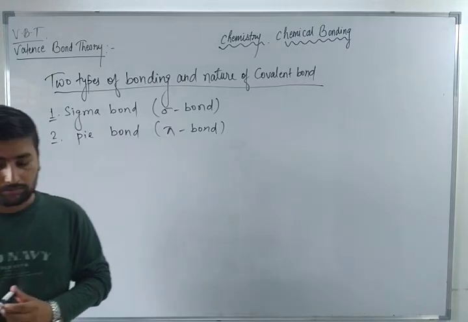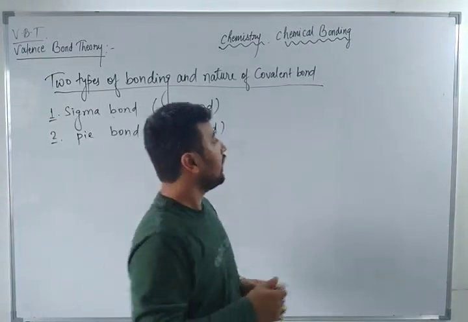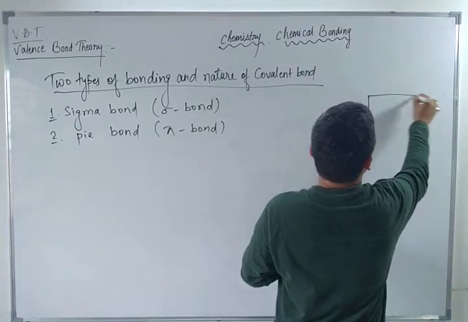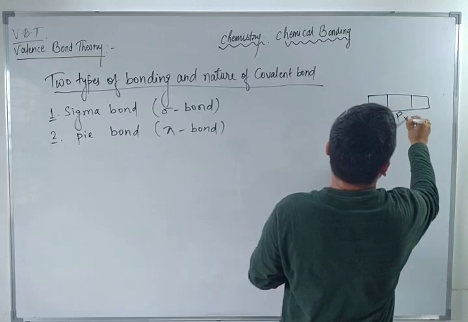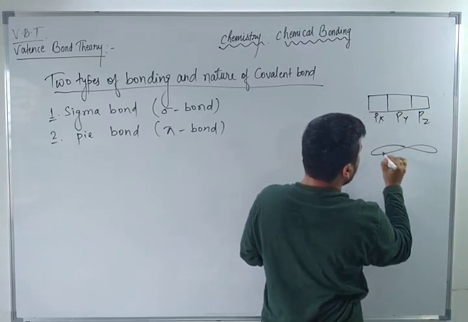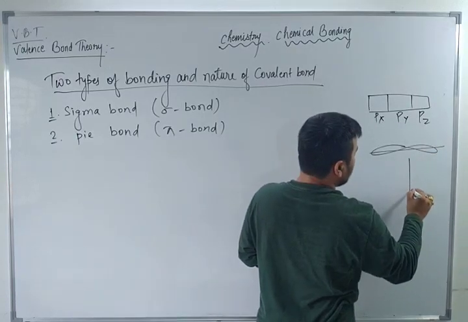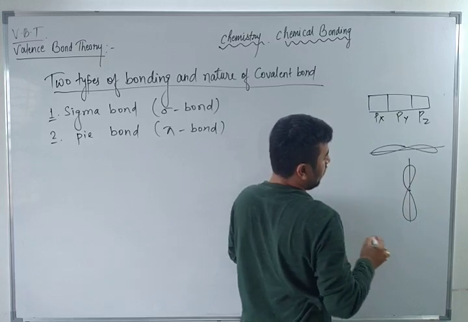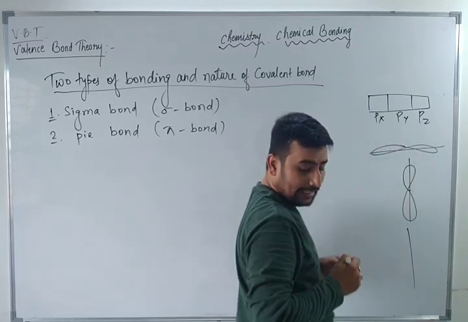What is axial? In the Cartesian system you have heard about the P orientations, px, py, pz. As I have shown you, the px is in the x direction, py in the y Cartesian direction, and if I talk about the pz, then it is lateral.